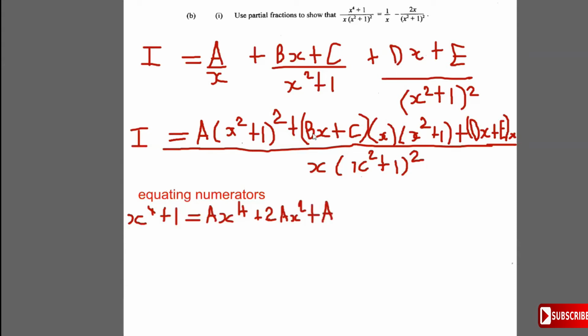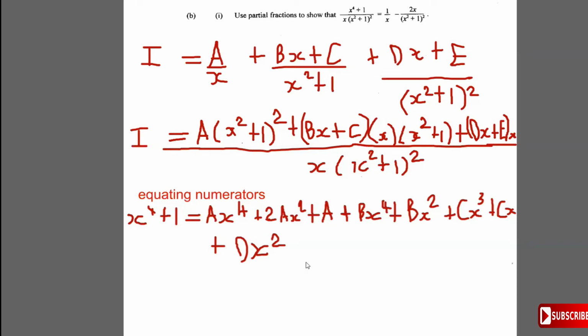Then when I expand right here, I'm going to get bx squared plus cx, and then bx squared times x squared is bx to the 4, and then bx squared times 1 is just plus bx squared, and then cx times x squared is cx cubed, and then cx times 1 is just cx, and then dx times x is plus dx squared, and then e times x is just plus ex.